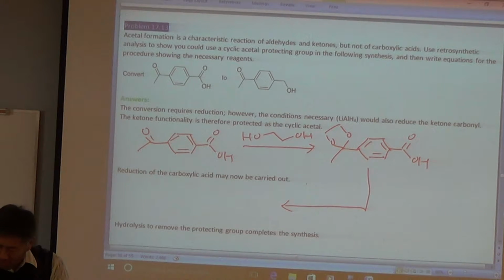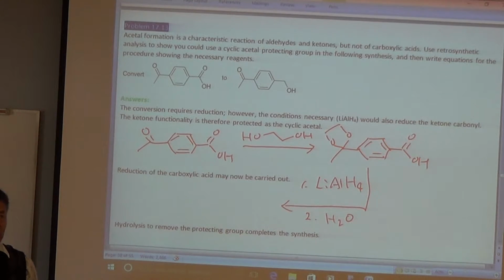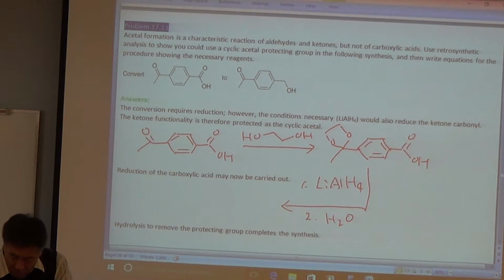For this class you will only see LiAlH4. If on the exam I wanted to specify this reduction process, I would say number 1 is use lithium aluminum hydride, number 2 is use water. Right? So then this will reduce your acid into alcohol.